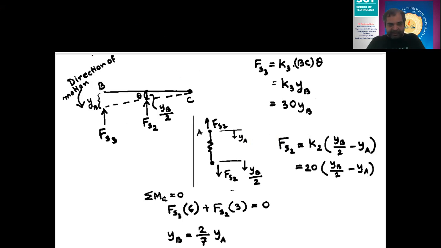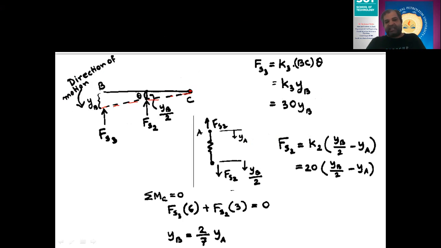This is my BC, and this BC lamina is rotating about the point O in this direction. This is my direction of motion, and this is how the lamina vibrates.